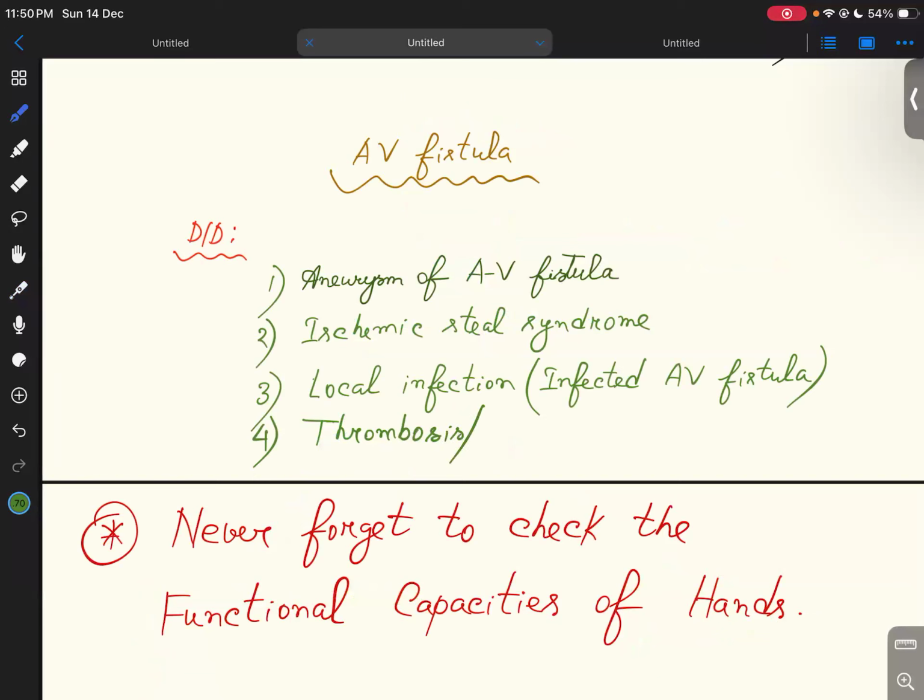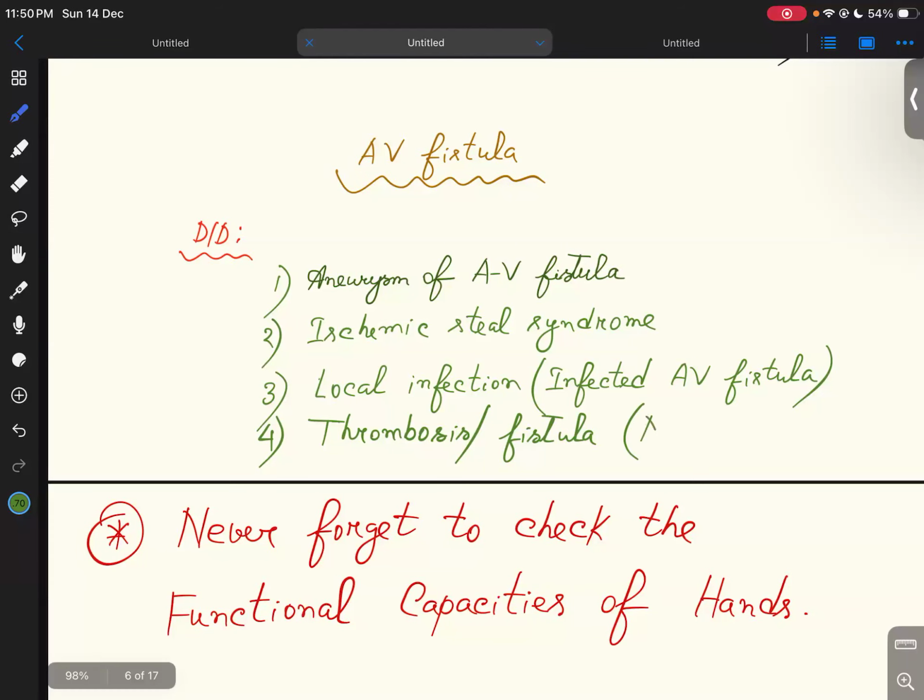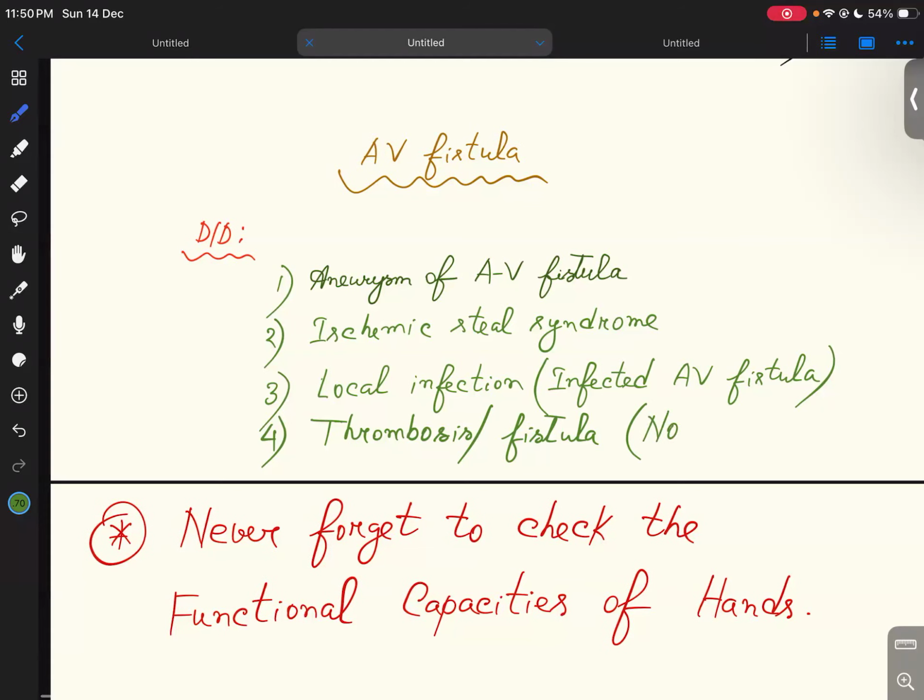Whenever there is no bruit, whenever you are doing the physical examination and you are not getting any bruit, in that case you can tell it is due to thrombosis or stenosis. But up to now, the cases which have come in the Delhi center, the patient was having bruit. Are you getting it, doctor? Yes, sir, got it.